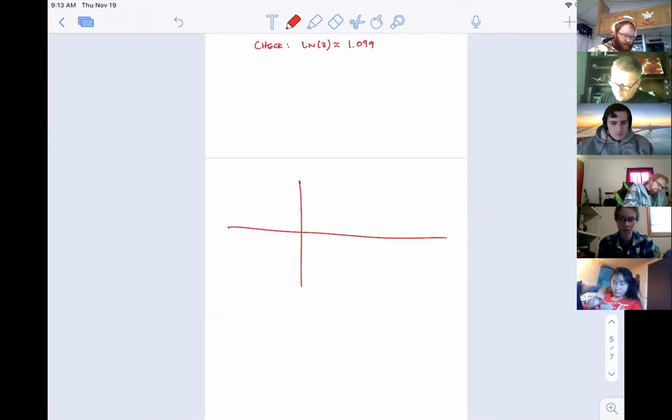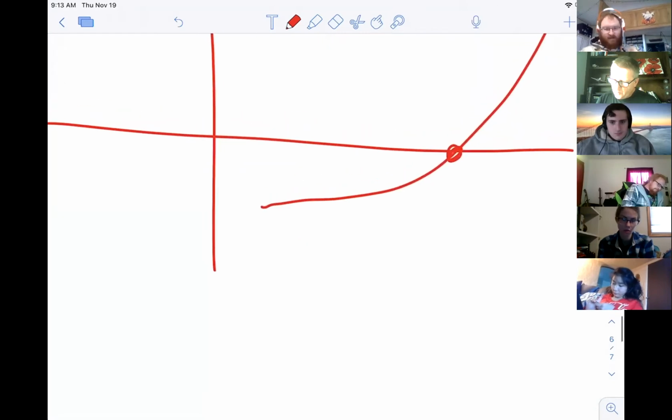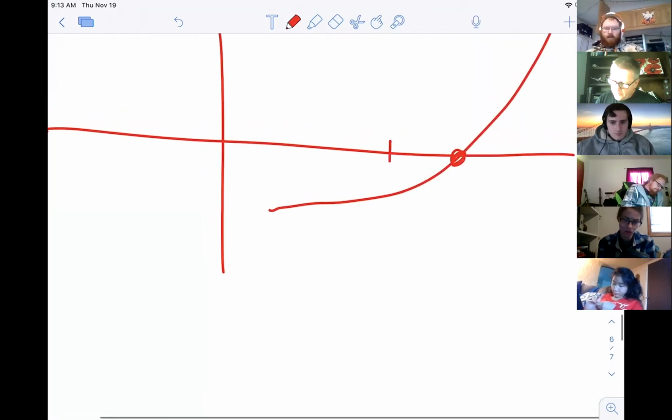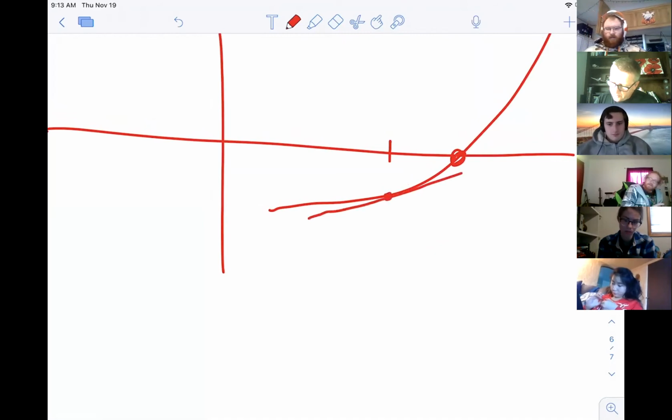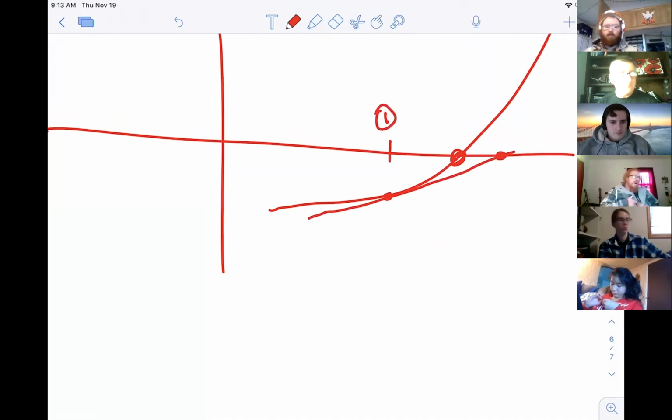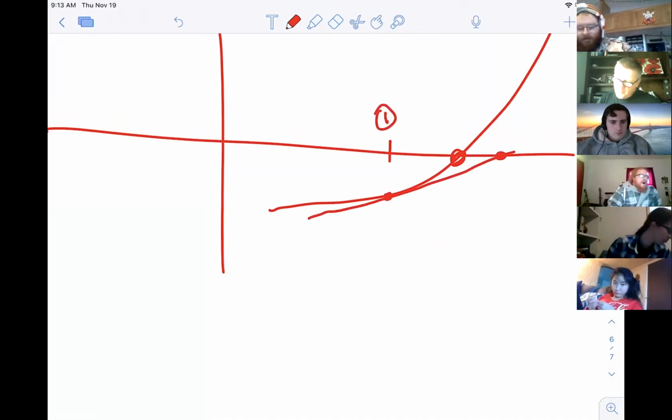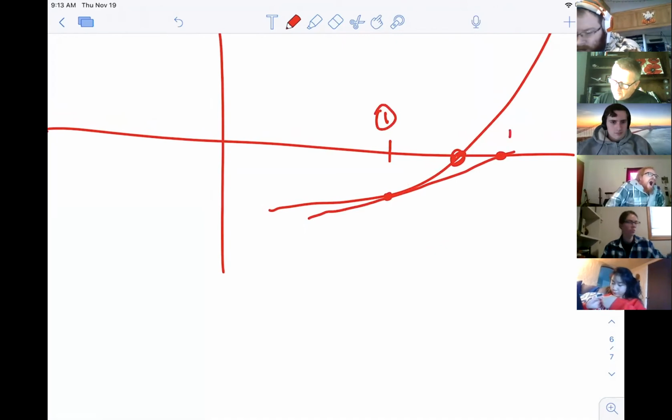If you have a curve that kind of hits the graph right here, and you're trying to figure out what the coordinates of that is. So then you say, hey, I know the answer to it over here. So then if you made a tangent line, this is kind of guess number 1, that's your guess. If you make that tangent line and you see where that tangent line hits the curve, that represents guess number 2.